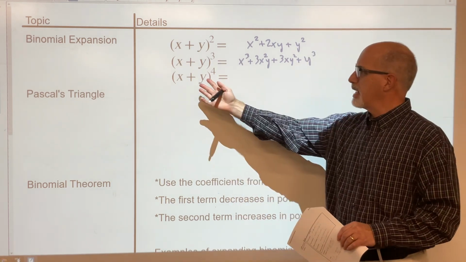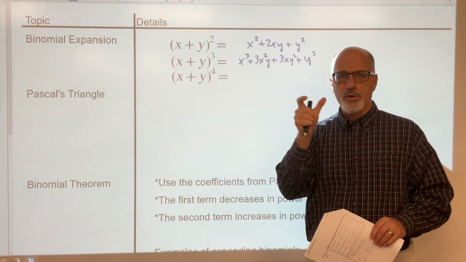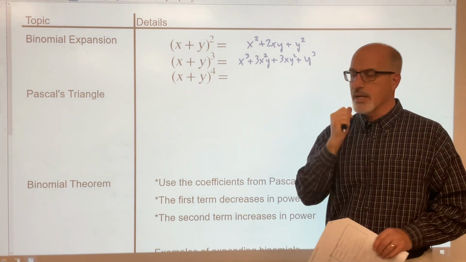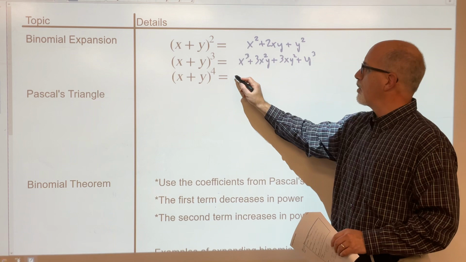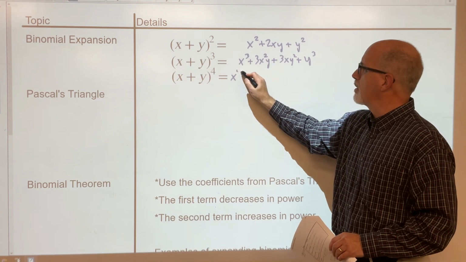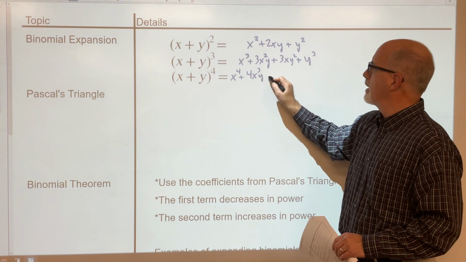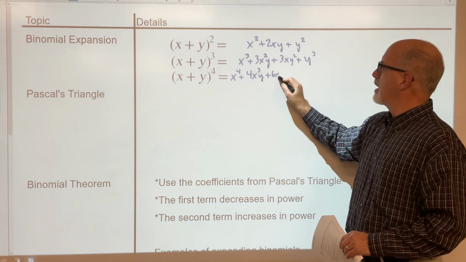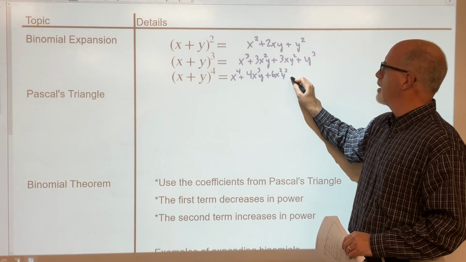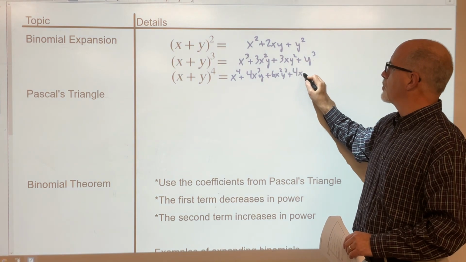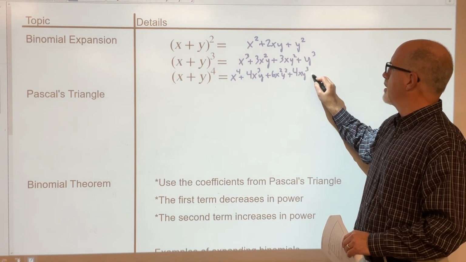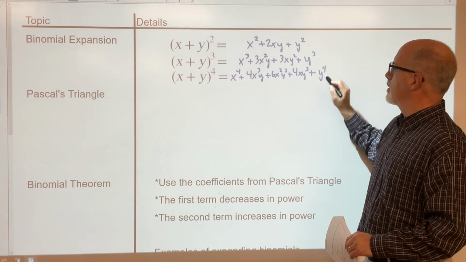And then if you were to take x plus y to the fourth, which is x plus y multiplied 4 times, multiplying that out, you would get x to the fourth plus 4x cubed y plus 6x squared y squared plus 4xy cubed plus y to the fourth.